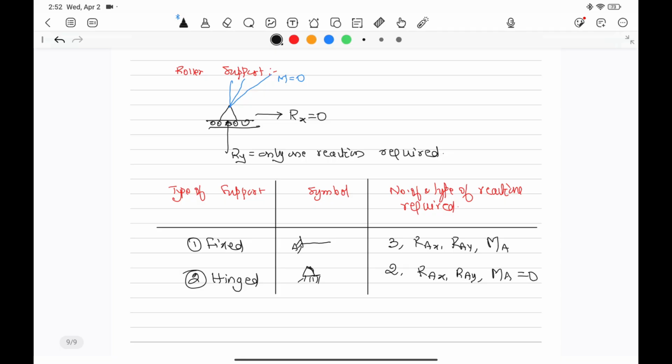There is no moment at the hinge, because it is allowed to move in any direction for rotation. Translation is restricted. RAX, RAY, they are related to translational restrictions.